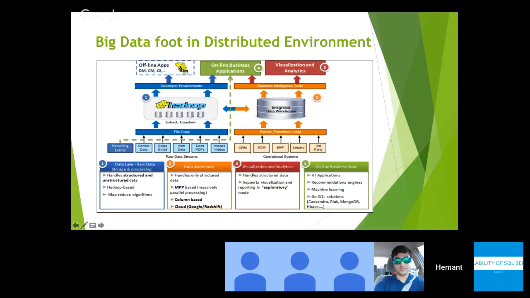Can you comment on them? I think CRM is customer relationship management, like Salesforce, and all the data comes from there. I'm not sure about HCM, I think some content management system. I forgot. Yeah, and this is the ERP, the accounting and all those kinds of things come from that.